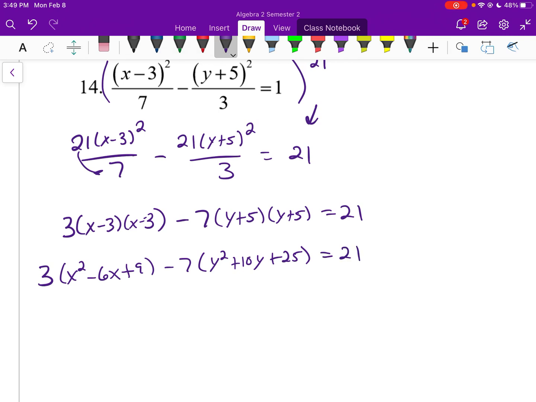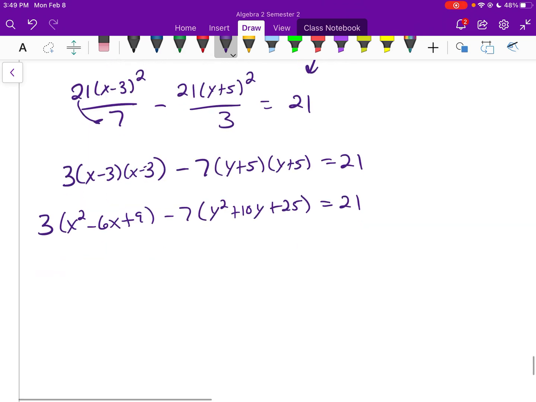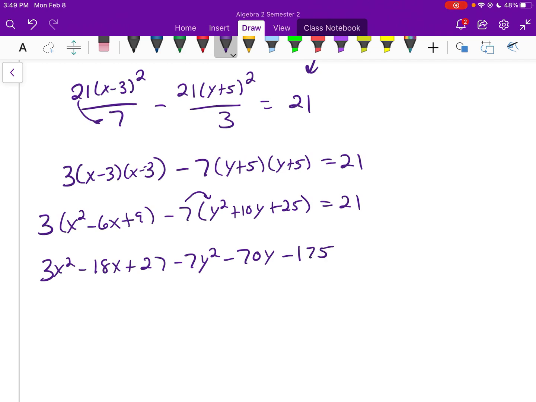Now, this is a hyperbola, so when you distribute, you have to remember it's negative 7. So 3x squared minus 18x plus 27, and when you distribute that 7, it's really minus 7y squared minus 70y minus 175.